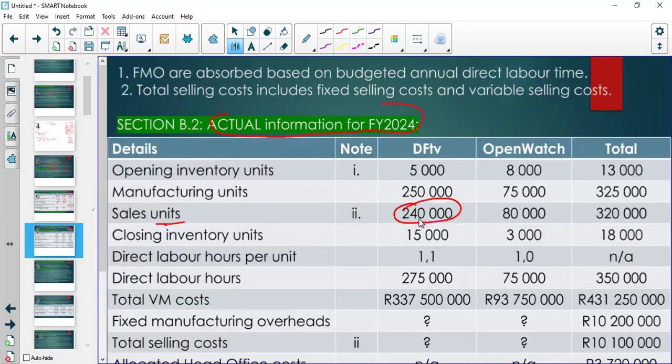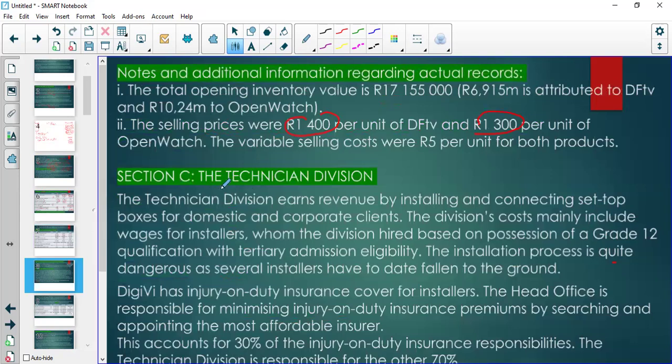So 240,000 multiplied by that price that we saw there, 8,000 multiplied by that price that we saw here, right? And I am very careful to allocate the selling price of DFTV to DFTV, right? The one for 1,300 per unit is open watch. Right, so I know that I got that right.